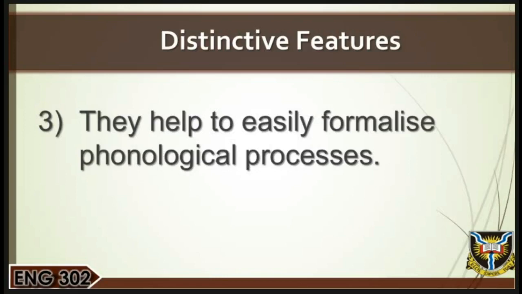Some of the characteristics of features are that they can't be broken into smaller units. They are binary, i.e., all phonemes either have plus or minus a particular feature. For instance, /p/ is minus voice, while /b/ is plus voice.